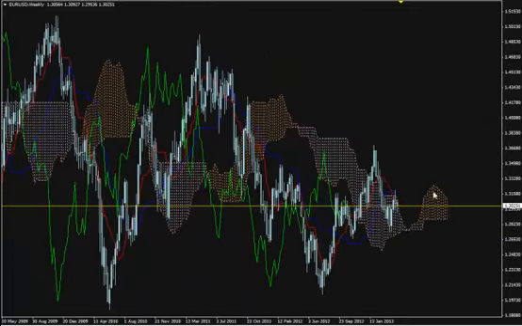Here the leading Kumo is bullish, but its edge has curved downwards, which shows that there might be a downward move before it resumes, or we may have a hiccup here and then it may go up again.